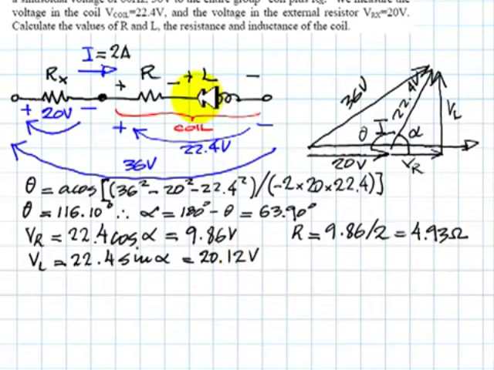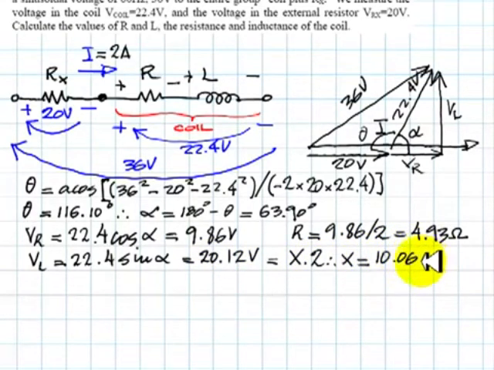For the inductive part of that coil, according to Ohm's law, that voltage 20.12 is the product of X of that coil that multiplies the current of 2 amps. So we can find what is the reactance of that coil. It's 20.12 divided by 2, 10.06 ohms.